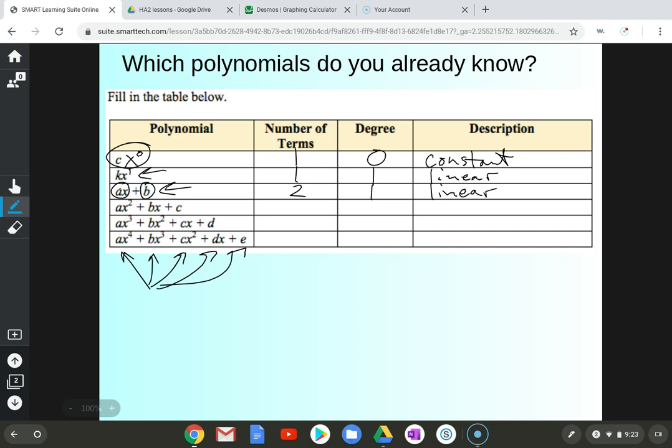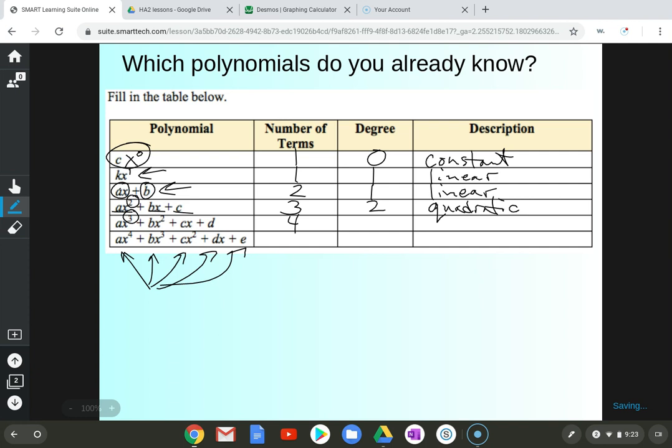So here we have a trinomial, 3 terms. Our highest exponent is 2. And so when we have a polynomial of degree 2, we call it quadratic. Next one, we have 4 terms.